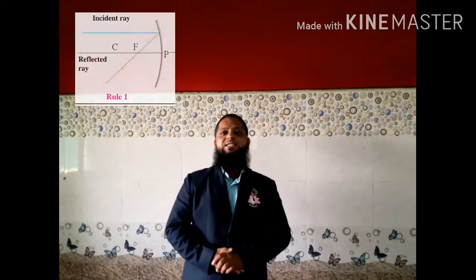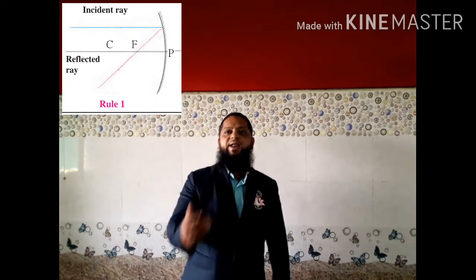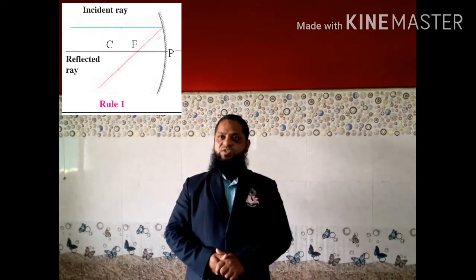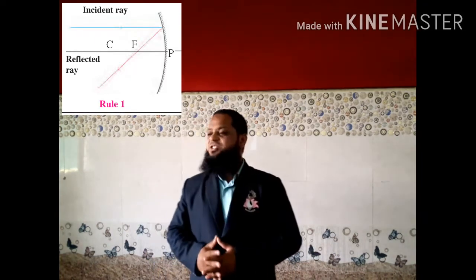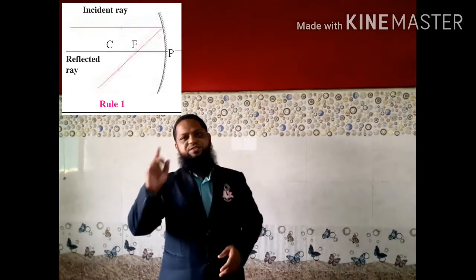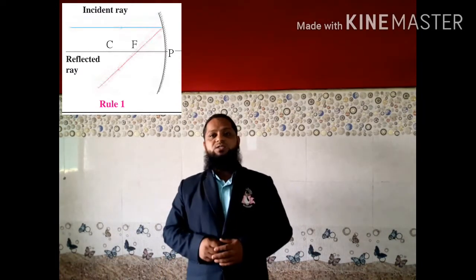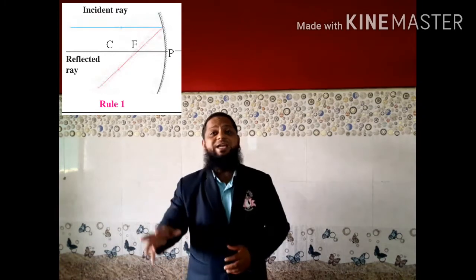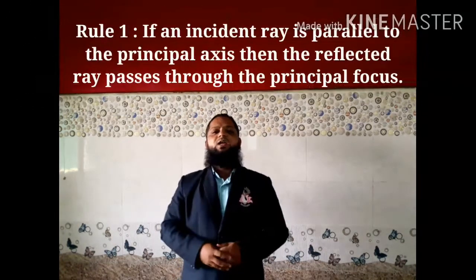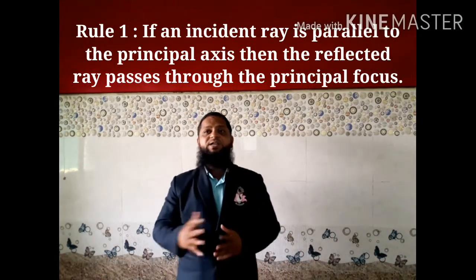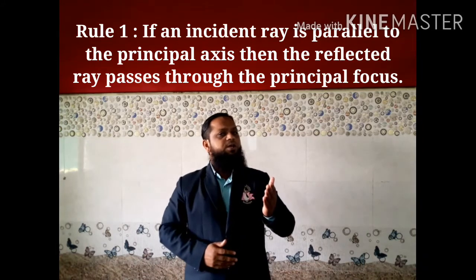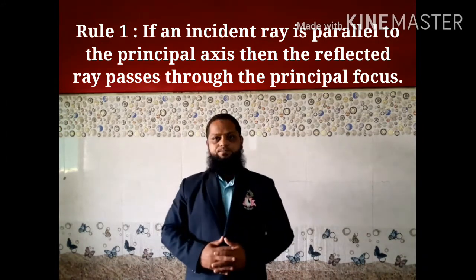First rule: if an incident ray is parallel to the principal axis, then the reflected ray passes through the principal focus. This is the first rule that you have to keep in mind while drawing a ray diagram.